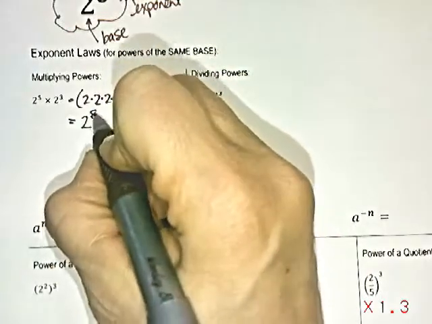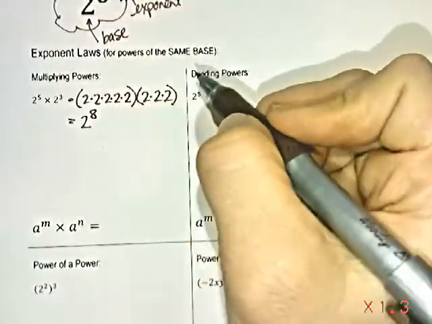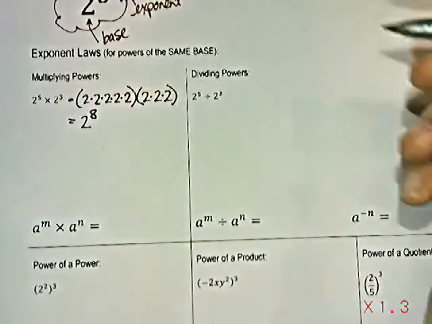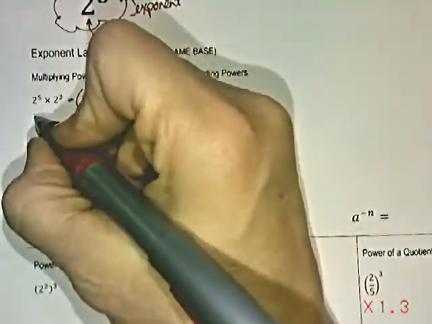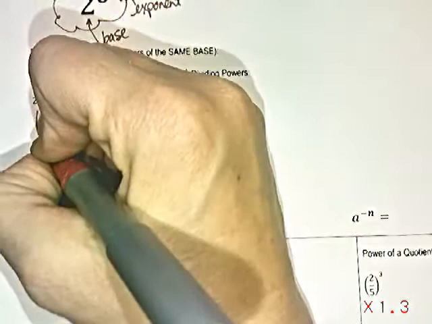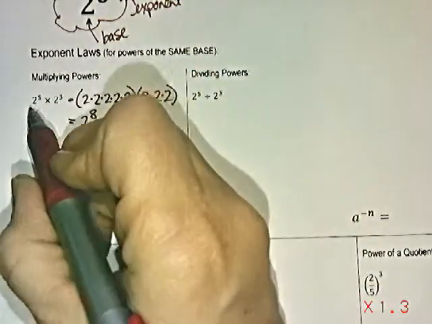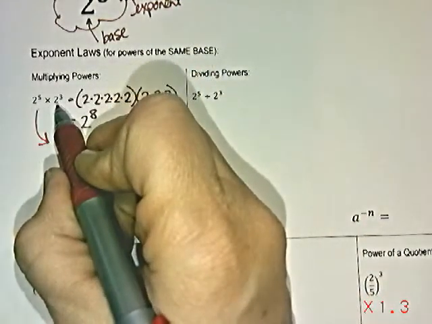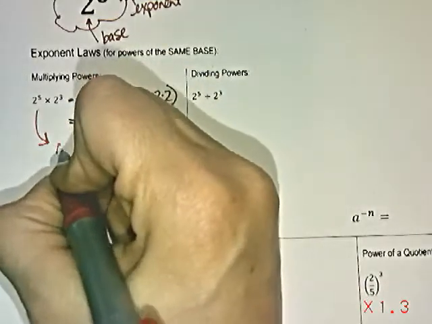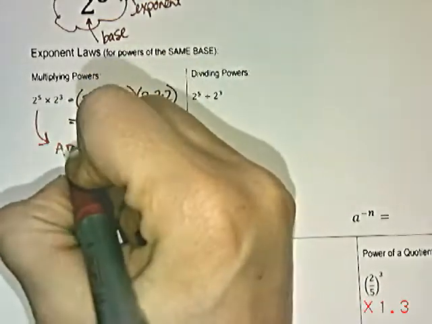I have 2 to the exponent 8, and we can easily see that when we write it out.